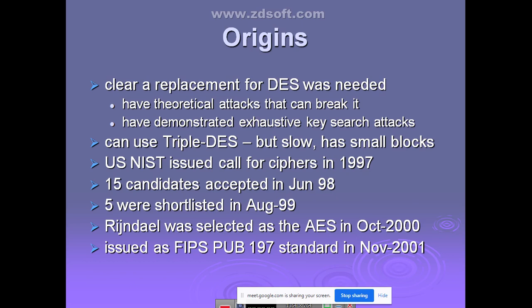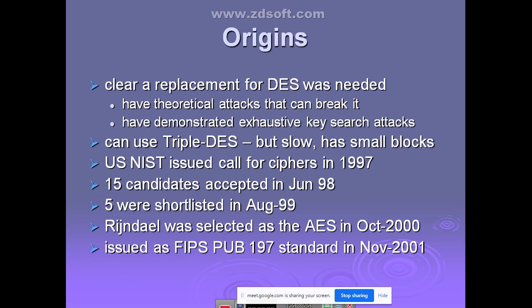Clear? The name itself indicates advanced. That means something advanced is there compared to the DES. Why are we going for the AES? Because there are some things that need to be replaced from the DES. There was a clear need for a replacement for the DES. Why? Because it has theoretical attacks that can break it. The DES algorithm can be broken by some theoretical attacks.